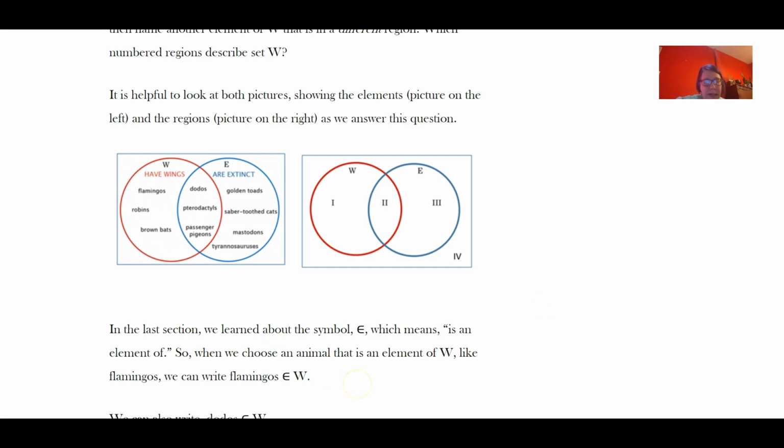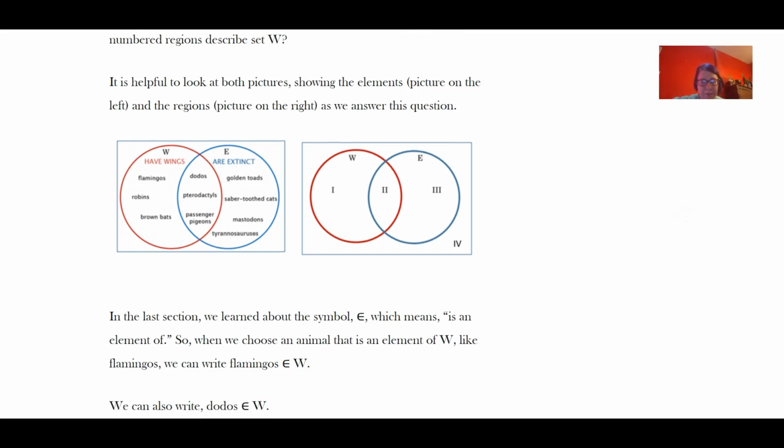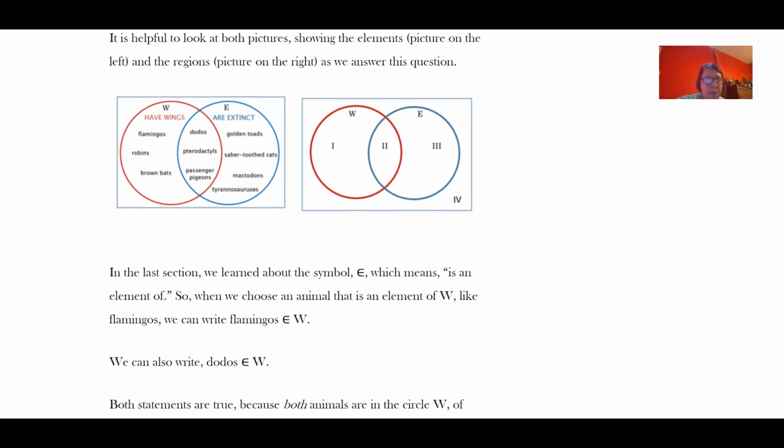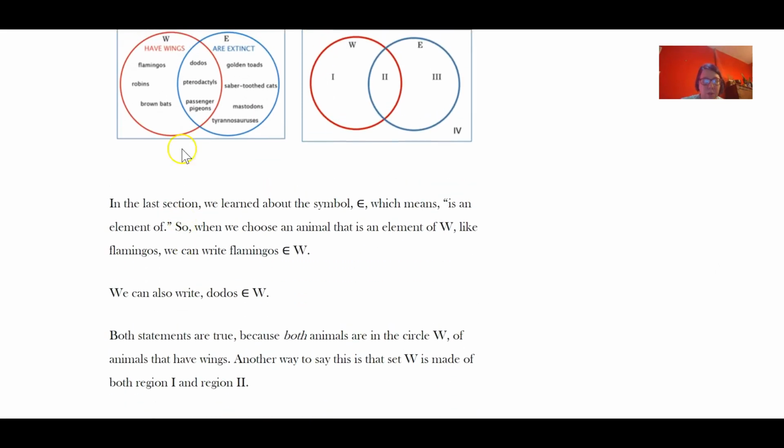So we would write it like this. Flamingos is an element of W. That little E symbol means is an element of. But we could also write dodos are an element of W because both regions 1 and 2 are part of W. So W encloses both of these regions.